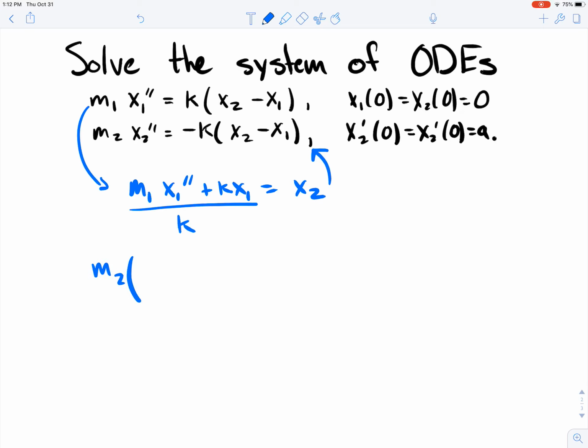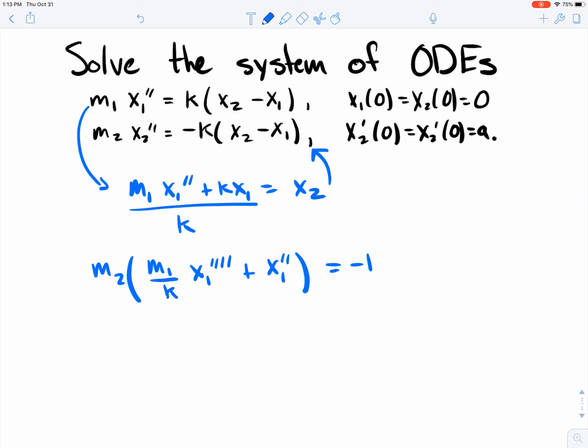taking the derivative is going to yield the following. So the derivative is linear, so we can just apply the derivative twice to x1. So we're going to get x1 taking the fourth derivative, and x1 is just twice.